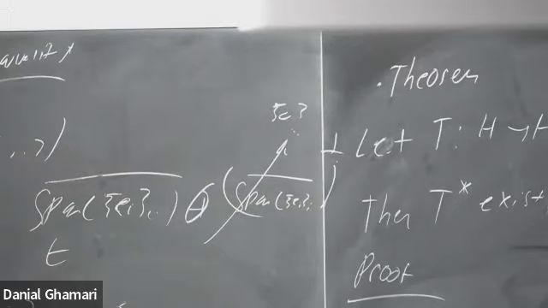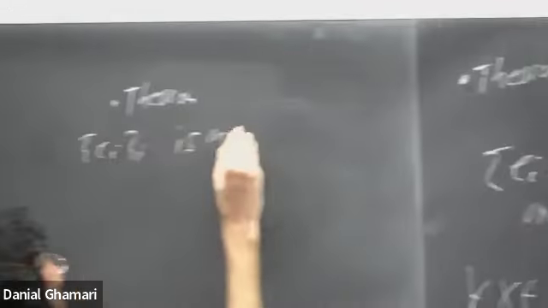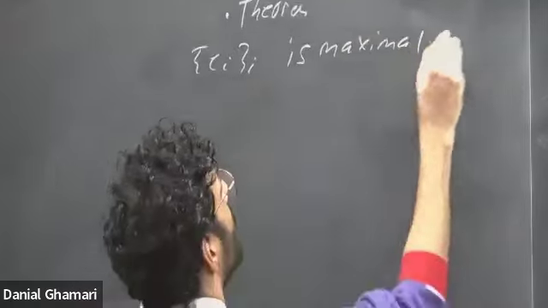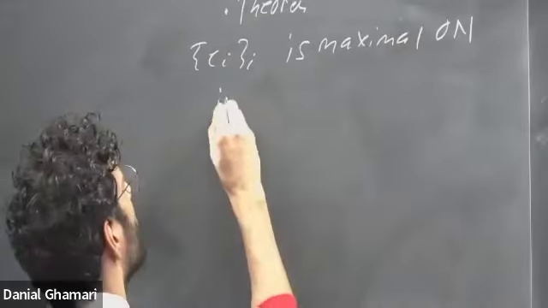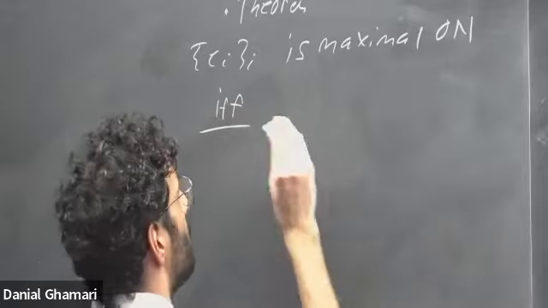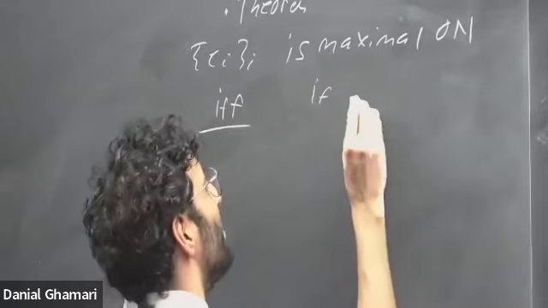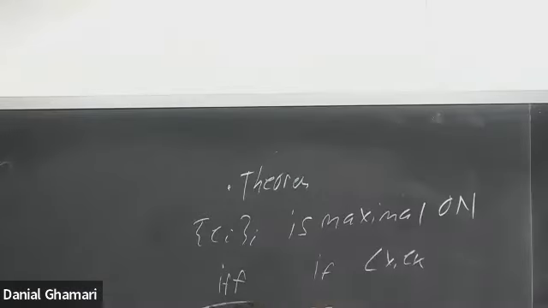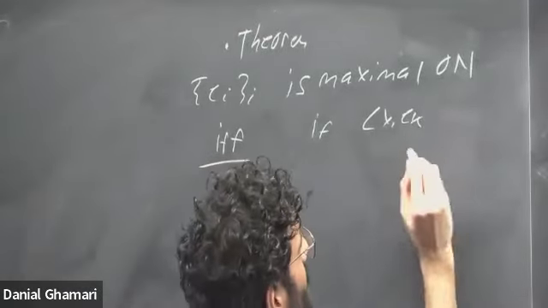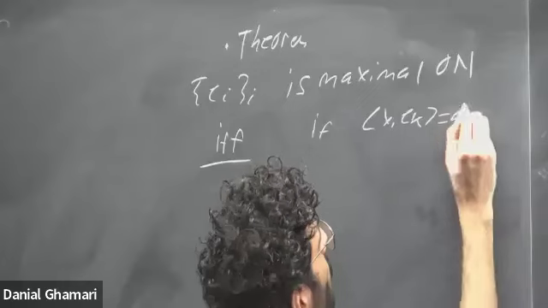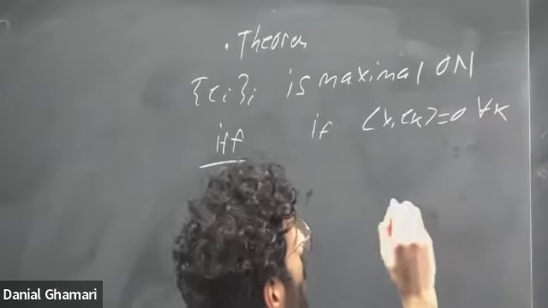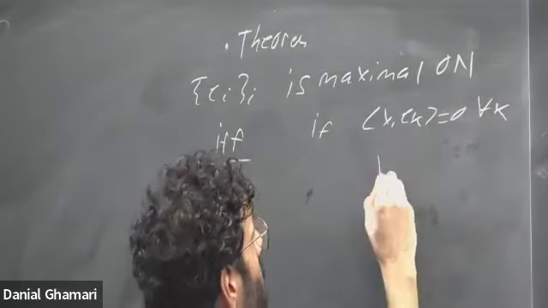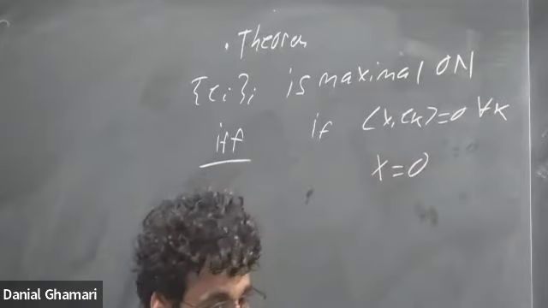So the set I is maximal orthonormal if and only if you have this situation: x comma e_k equals 0 for all k, then the only way this is possible is if x equals 0, right?